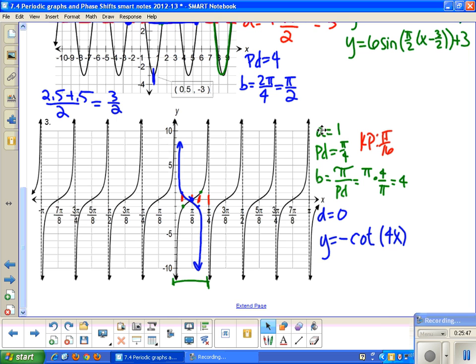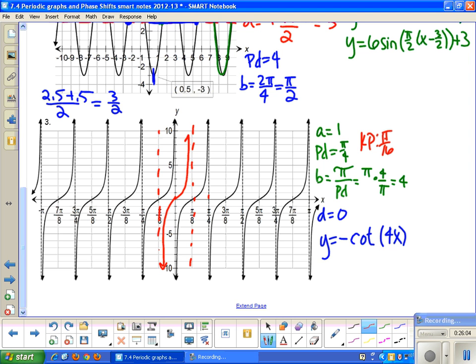If this was a tangent graph, then for my tangent graph, remember your tangent graph normally starts at 0. And would look like this, and your asymptotes would be here. So how did we shift this graph?